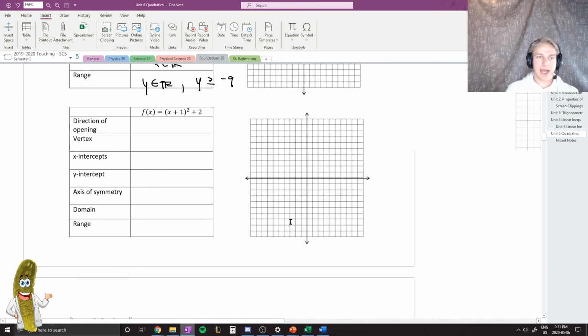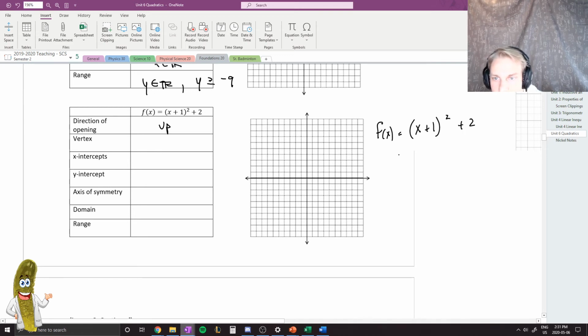Looking at this last equation here, we have x plus 1 squared. Again, within that bracket, I don't see any negative values, so let's actually FOIL that one out. F of x is equal to x plus 1 squared plus 2. You could rewrite that as x plus 1 times x plus 1. And then we can ignore this little plus 2 for a while.